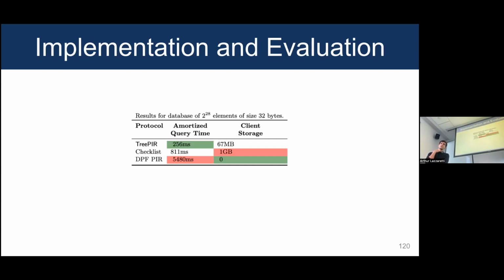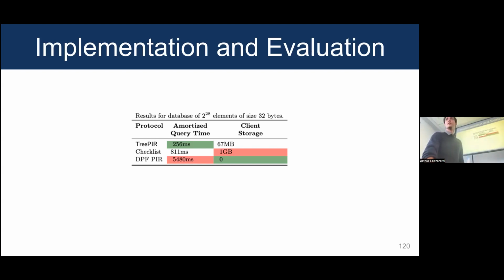You can either pick square root and square root, or you can pick polylog and linear. There's no fast membership. So you can either choose to check each set or you can store a hash map on the client. This is what we considered here because this is what they did in their scheme. And it's valid in some cases where the database elements are very big and your database is not so big. But as soon as you scale up the database, it doesn't perform anymore. And the DPF PIR is just a non-preprocessing baseline.